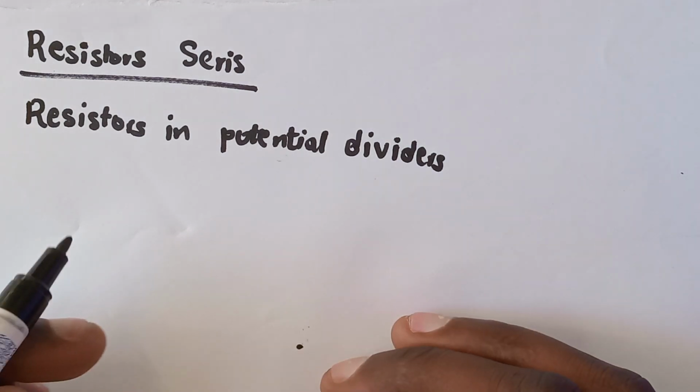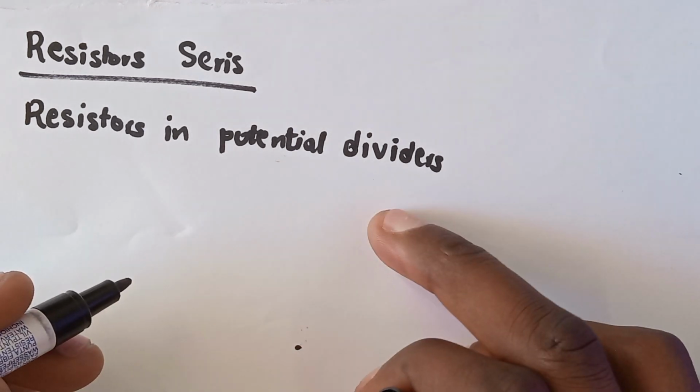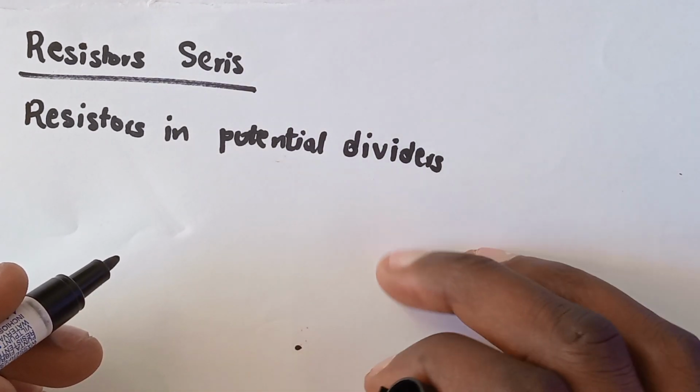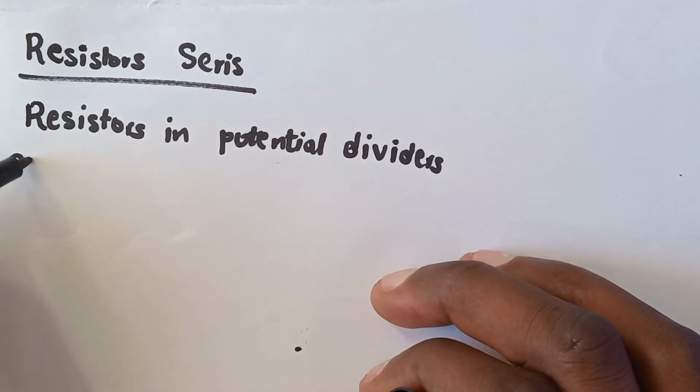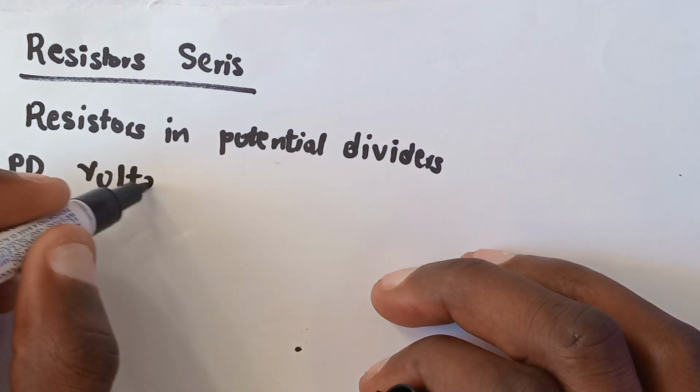They are potential dividers. I explained potential difference in the last video. Potential difference is the voltage.